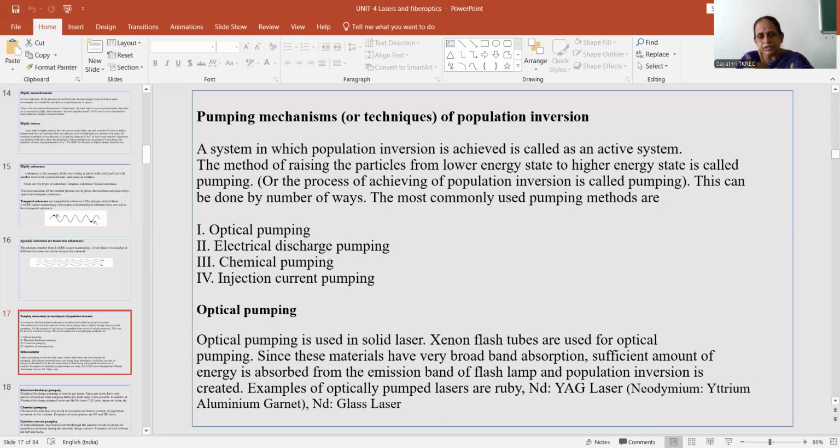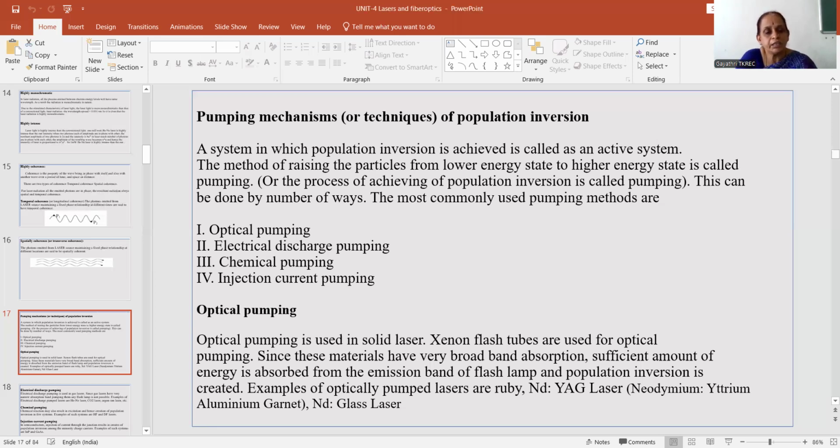Here we are going to see different mechanisms. The first one is optical pumping, the second is electrical discharge pumping, the third is chemical pumping, and the fourth is injection current pumping.